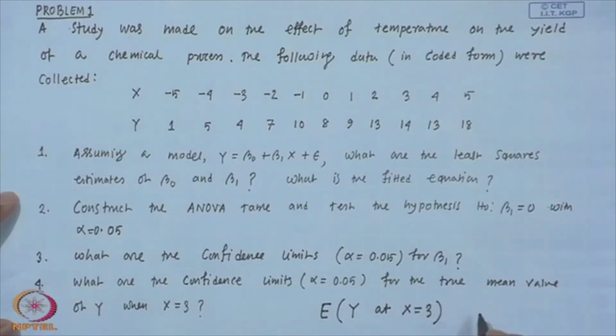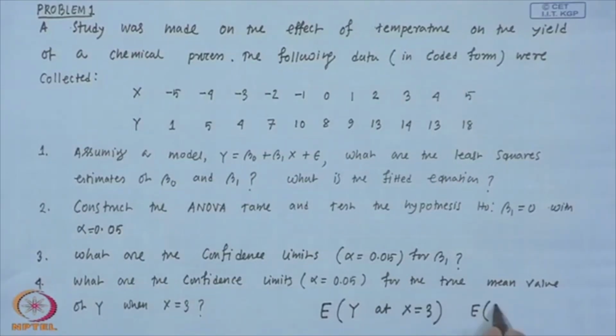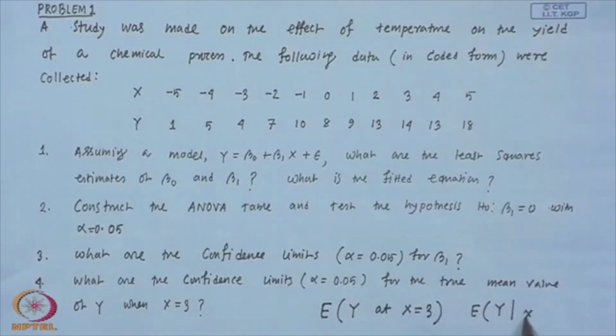And in the first module on the simple linear regression model, we denoted this by expectation of y given x equal to 3. Maybe we should not use this notation because x is not a random variable, right. But both are the same, this is what I want to say here. Okay. So, we have to find the confidence interval for this mean value at x equal to 3.